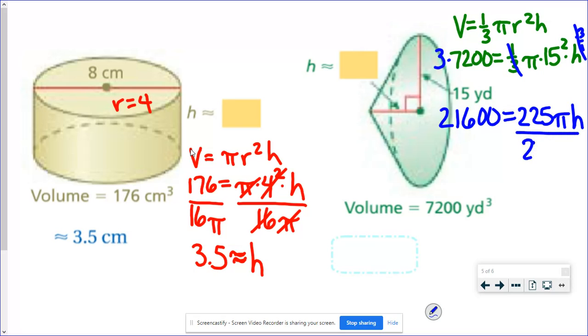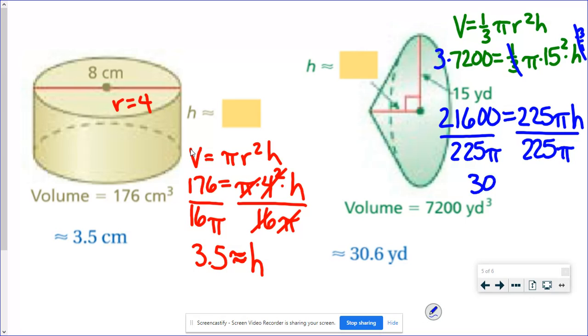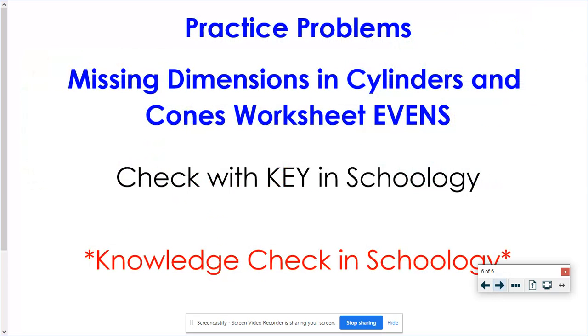So now I'm going to divide by 225 pi in 2 separate steps. So 21,600 divided by 225 and then divide by pi. And I have that my height is, rounding to 30.6. It's really 30.5577, blah, blah, blah. So when I round that, that's going to round up to a 6, so 30.6 yards.